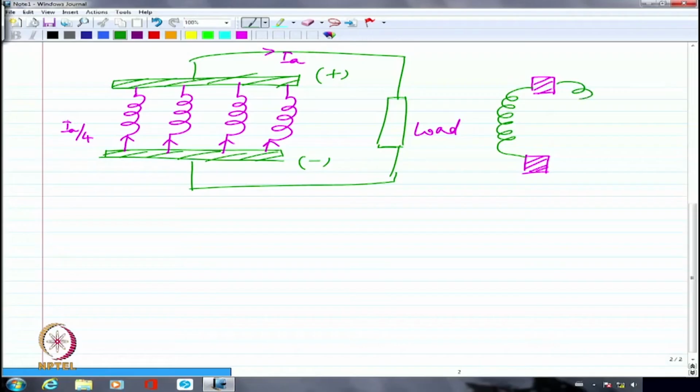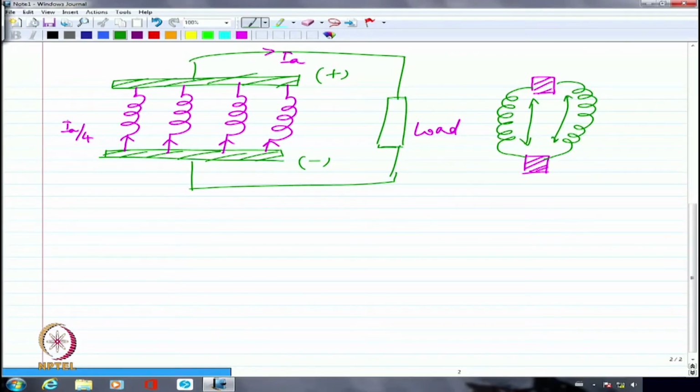And on the other side also 6 turns. This is how it is going to be. 6 plus 6, totally it will make up 12 turns. So, I have only 2 parallel paths. Please note that all these are connected in series.